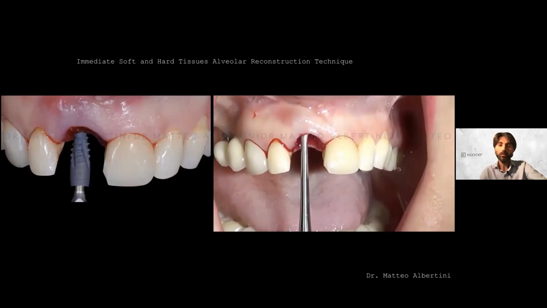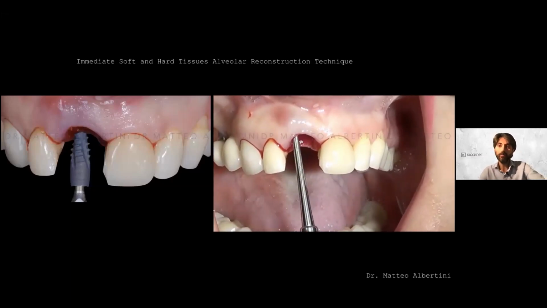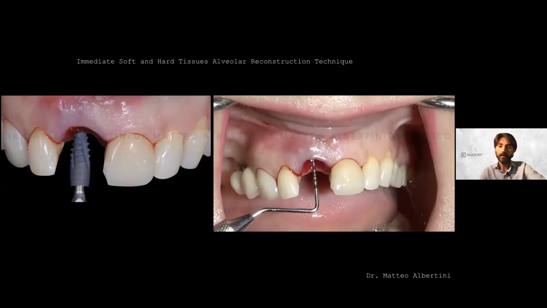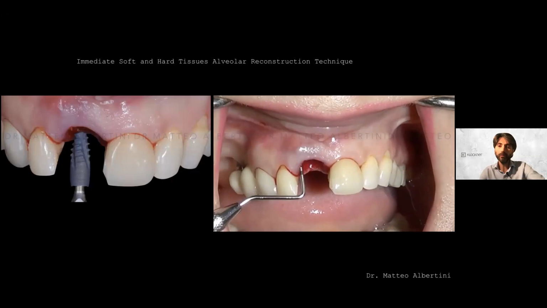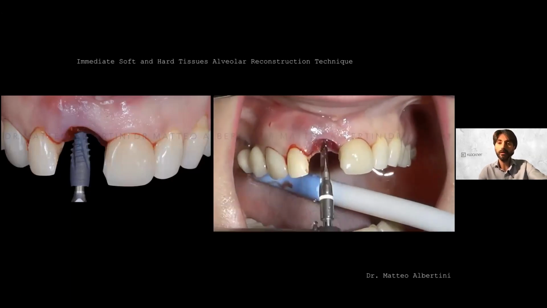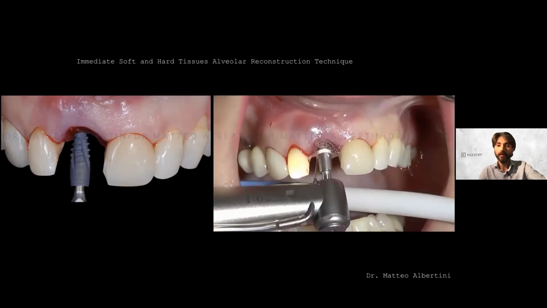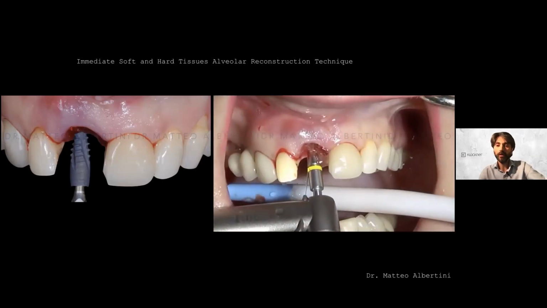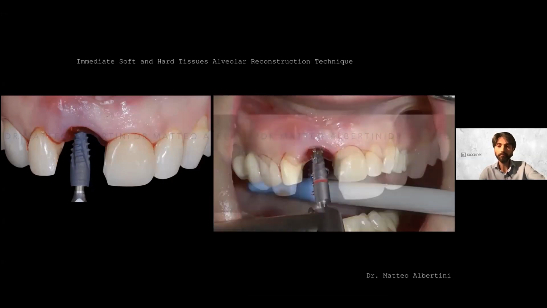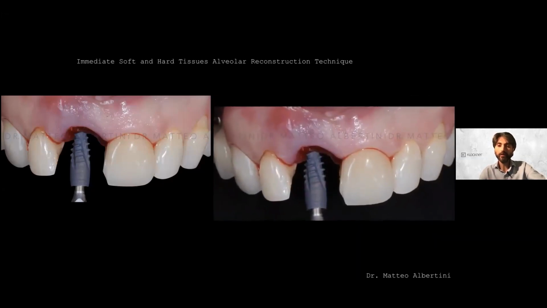Okay, so we have to create an envelope. So we tunnel the area, and we have to check that we have enough space for the membrane and for the soft tissues. So we prepare the implant bed in a palatal position, and we insert an implant.